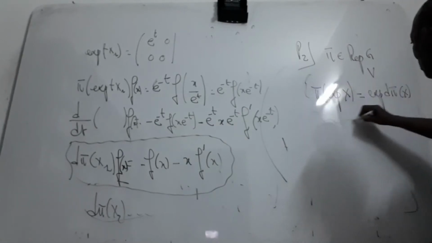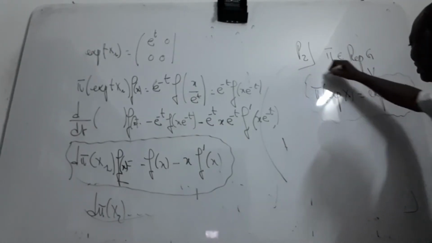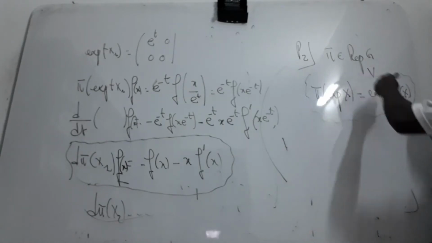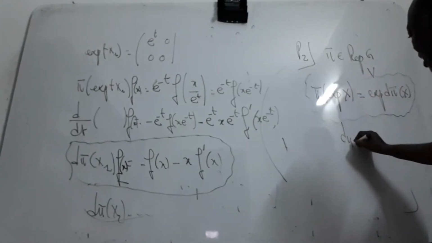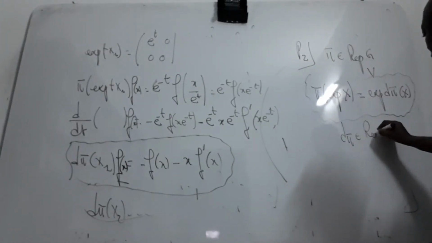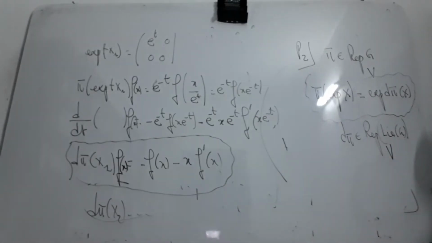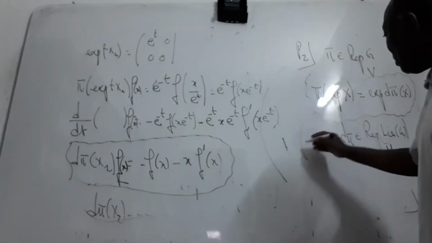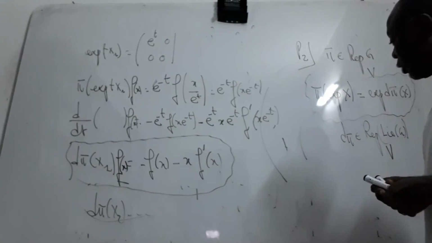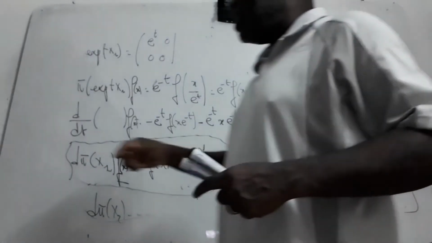Very important. Pi is a representation of the group, and d pi is a representation of the Lie algebra, on the vector space. And in the particular case, when you take the adjoint case, you have the same notation.